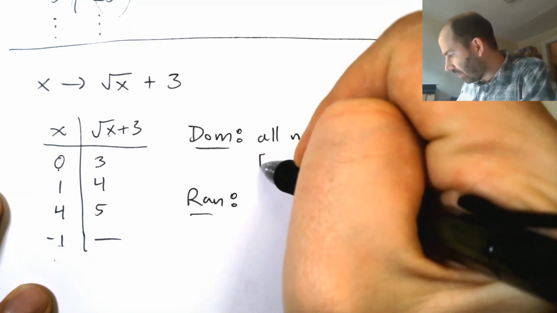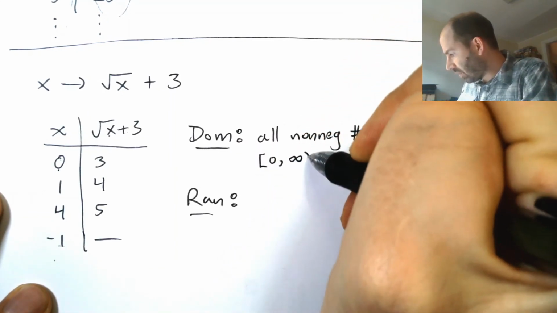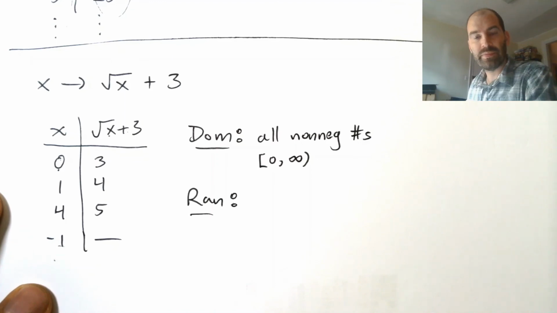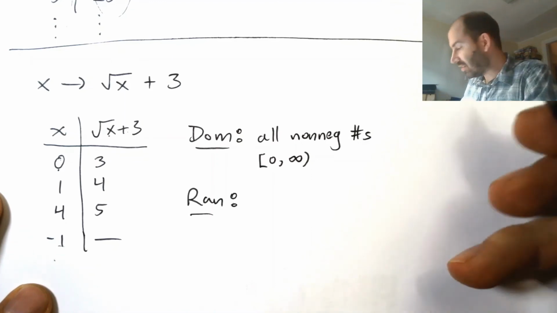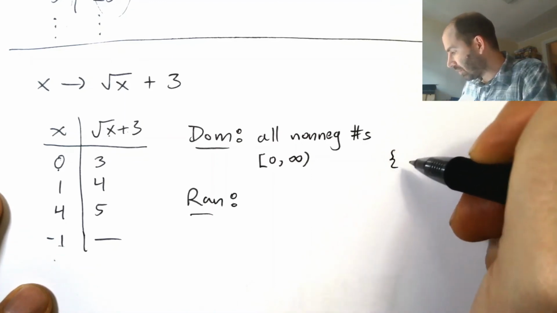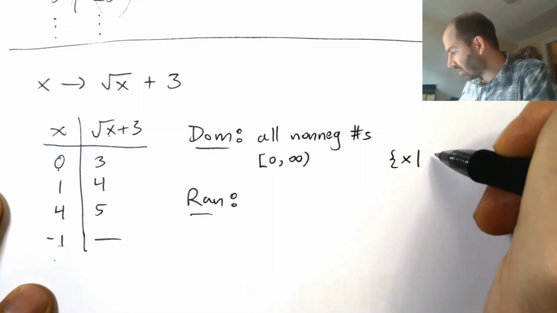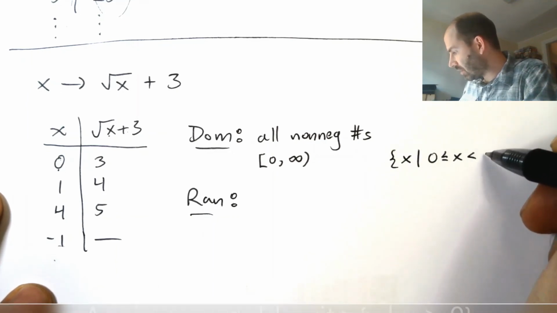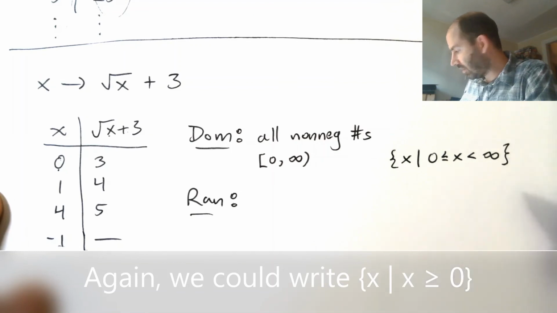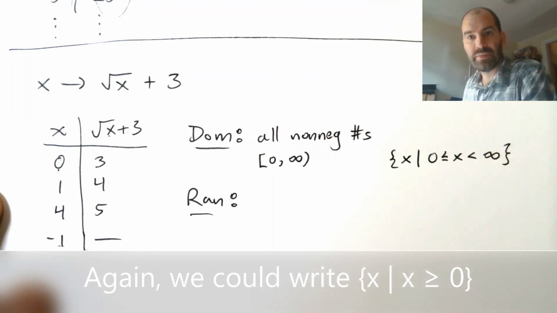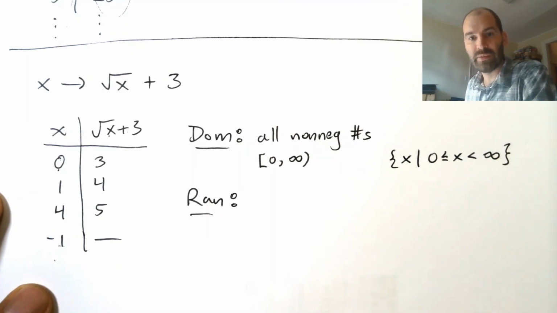Well, I could write 0 to infinity. How would I write that as an inequality, using the set builder notation? Set of all x such that x is between 0 and infinity. So these are three different ways of writing down the same thing, and you should be prepared to write it in any one of those formats.